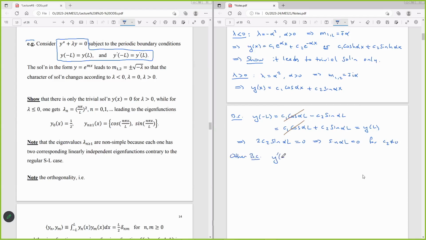is y prime at minus L, which is what? You're going to get C1 alpha sine alpha L here. The derivative of cosine is minus sine, and when I replace L by minus L, there will be another minus sign, so it makes it plus. And then plus cos, so this will be C2 alpha cosine alpha L. Just correct me if I am mistaken.